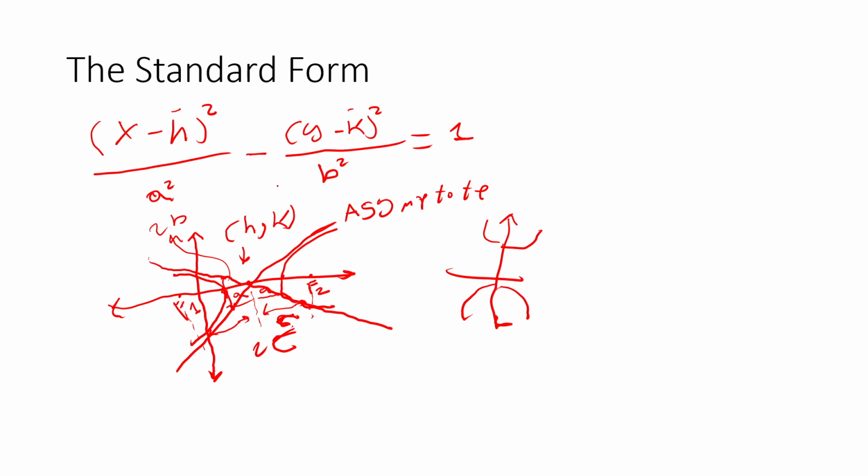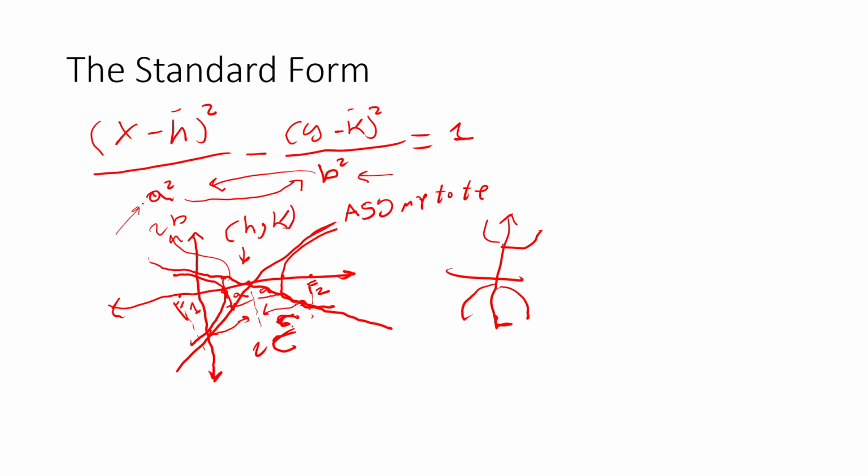Then what's going to change in this formula is that the a squared will be under the y variable and the b squared will be under the x variable, and the a squared is the major axis, b squared is the minor axis.